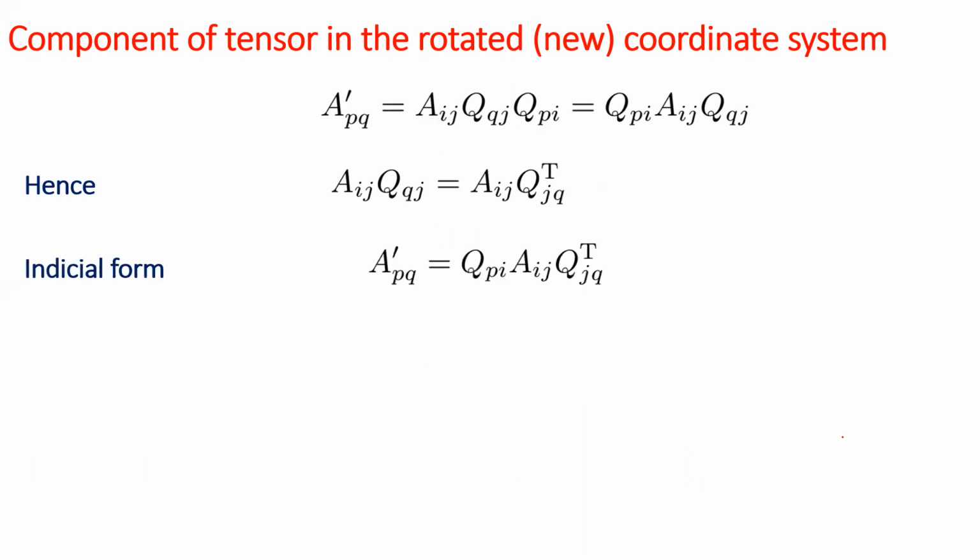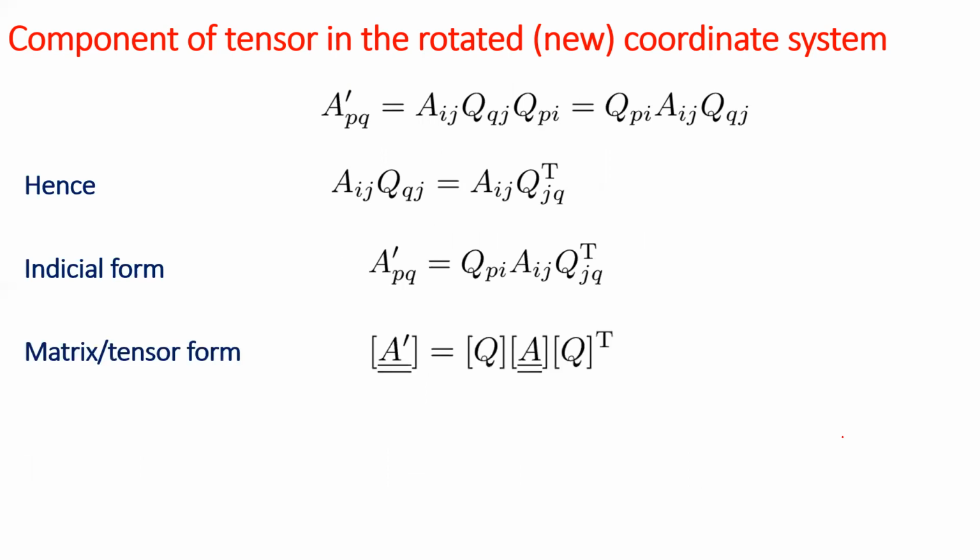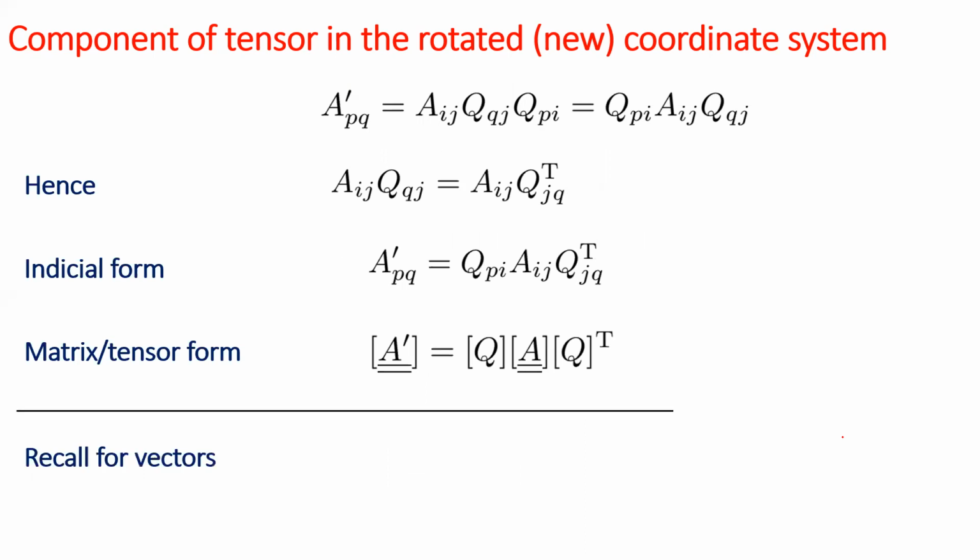Hence your final index form becomes this, or in matrix form, this is what it is. If it was a vector, if you can recall, this is what you had: V was the original component and Q was the transformation matrix, and that's how you get the new components. But when it's a tensor, you have an additional transpose.